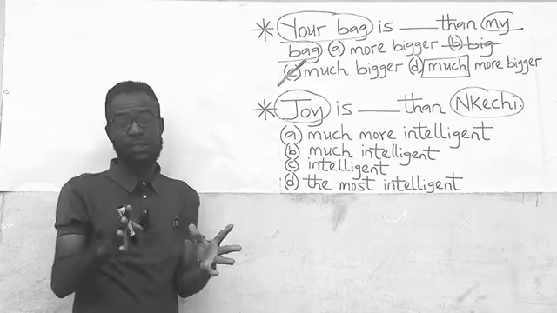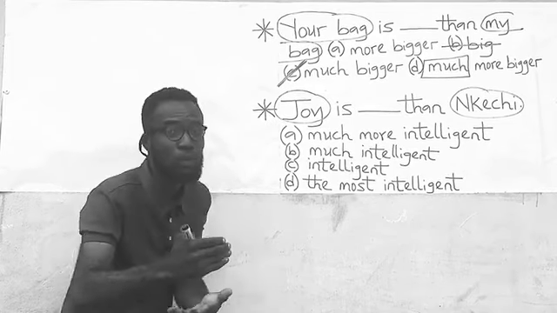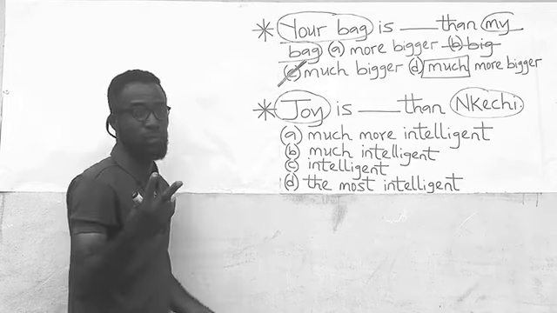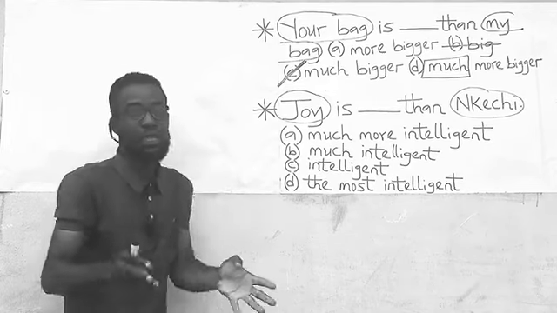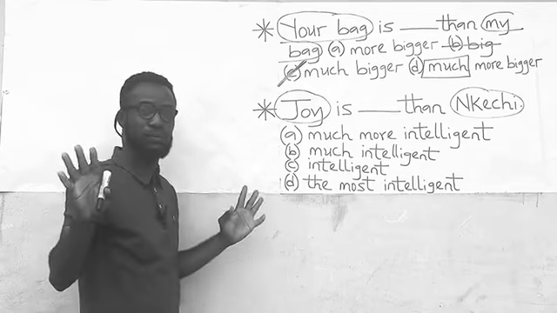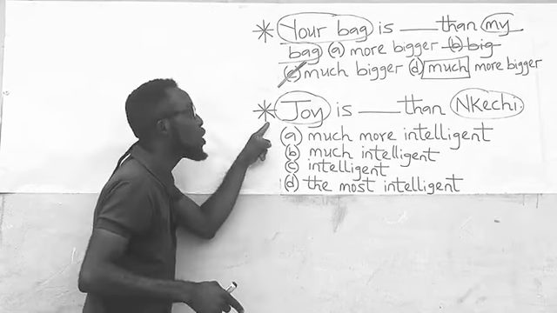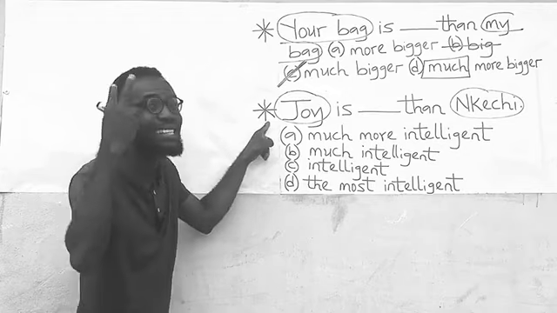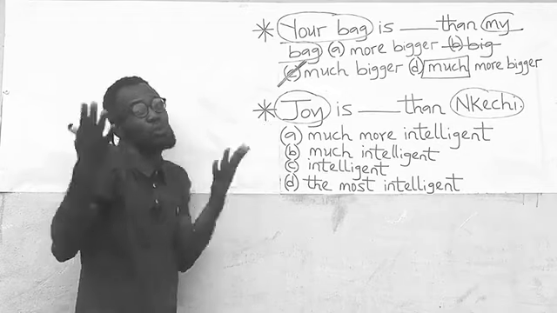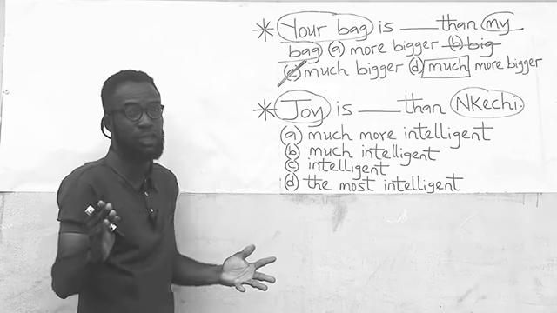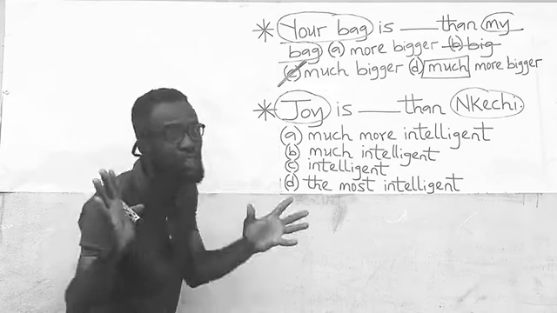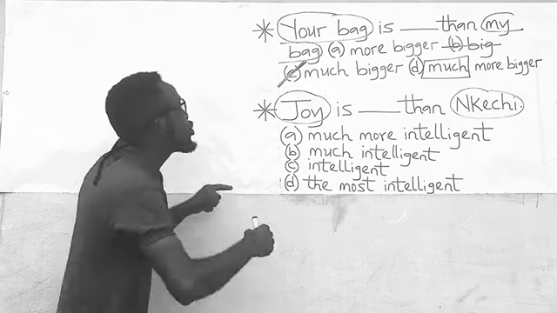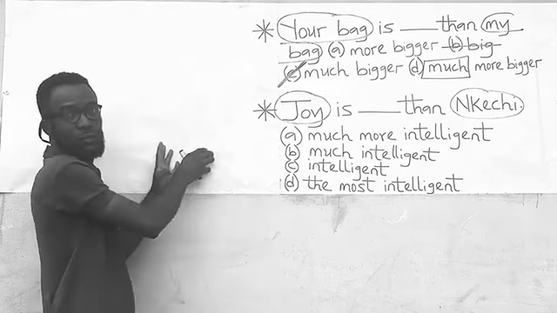And we have said that if the number compared in the question is exactly 2, then we are going to be using a comparative adjective. Insofar as the number of persons compared here in terms of intelligence is exactly 2, then we should be using a comparative adjective. Now, to be on the safe side, first of all, write out the comparative adjective.